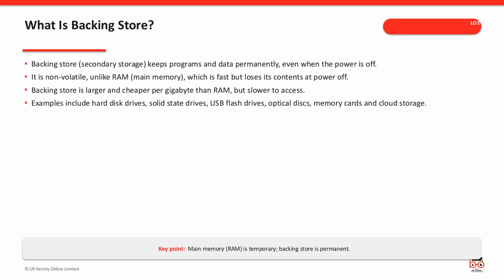It's larger and much cheaper per gigabyte than RAM, though it's slower to reach. Hard drives, SSDs, USB sticks, optical discs, memory cards, and cloud storage are all examples. And the key idea is simple: main memory is temporary, backing store is permanent.